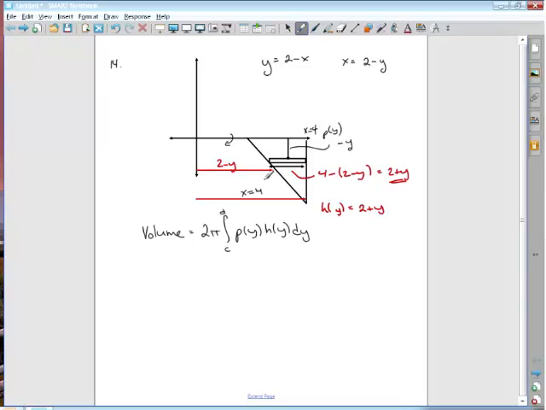Okay, so now we can just plug it in. Our y limits of integration are from 0 to y equals negative 2. So this is negative 2 right here. This is 0. So we integrate from 0 to negative 2. So now we can plug and chug. 2 pi, the integral from 0 to negative 2, p of y is equal to negative y, and h of y is 2 plus y, multiplied by dy.